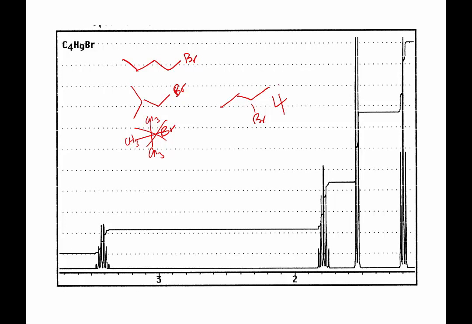Give me another number. 4. Now, how about for the isobutyl bromide? It's 3.